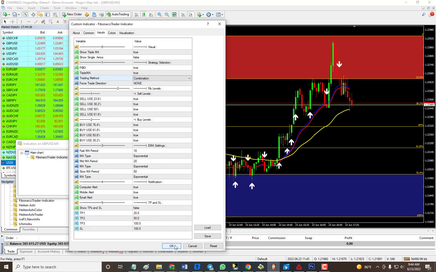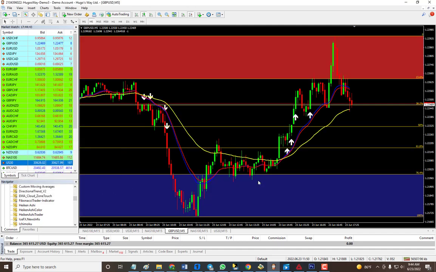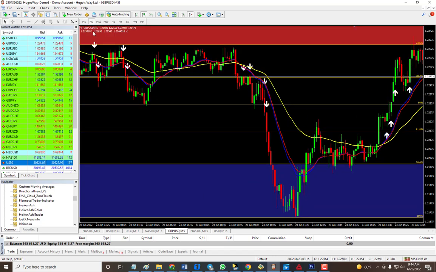So both of them have to point to the same direction for a signal to be generated. That's the combination. Now the moving average crossed for a sell, and we came down from the resistance. So it's all sell, this is confirmed.